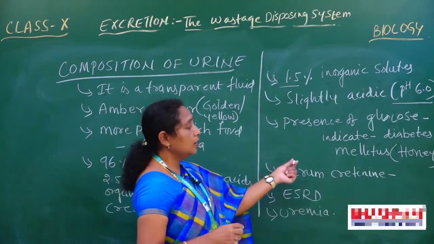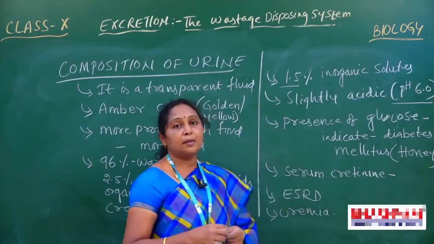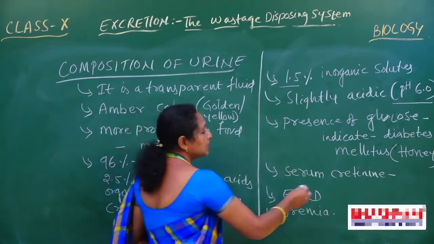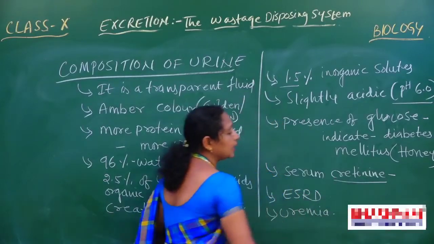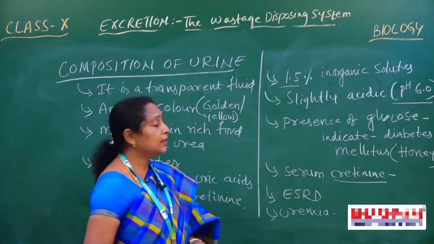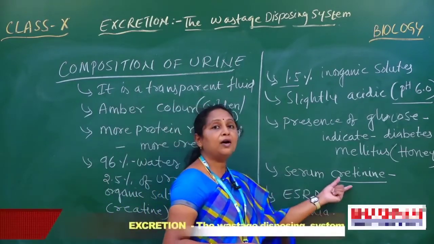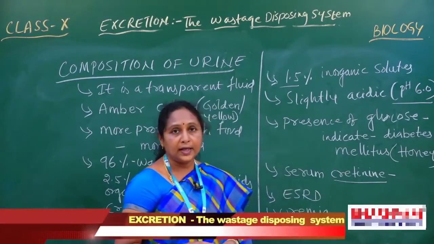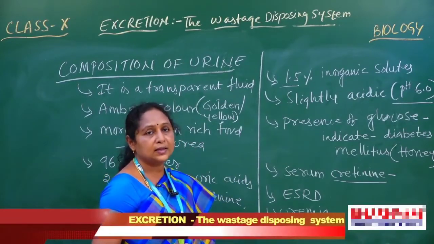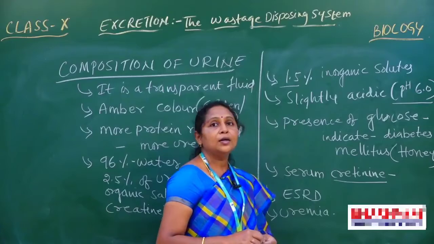If the glucose levels are increased medically, and if the serum creatinine levels are increased, how is it diagnosed? If the person has diabetes, they collect the serum creatinine from the kidneys and find out what levels of creatinine are present in the urine.